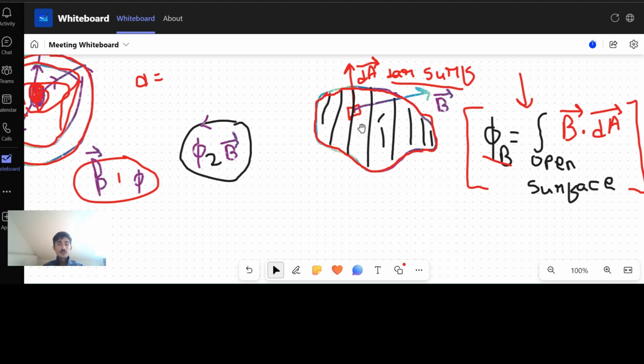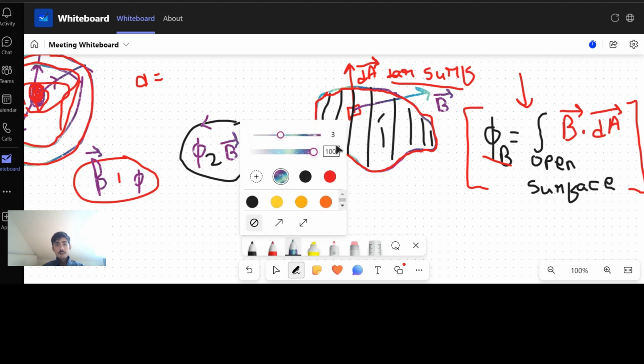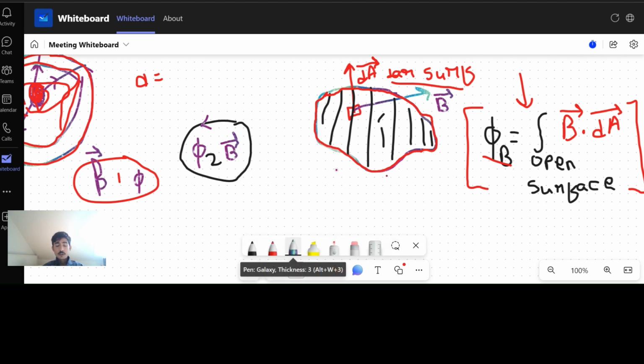Now, I'll make it a bit more clear. Let's say current is produced in this red loop. Why is there current?